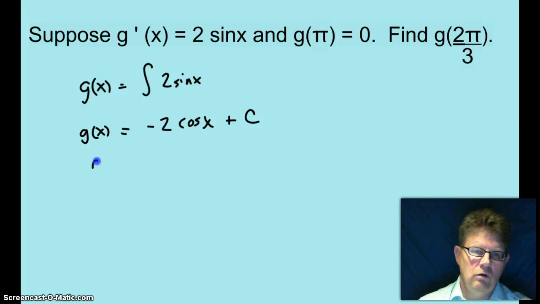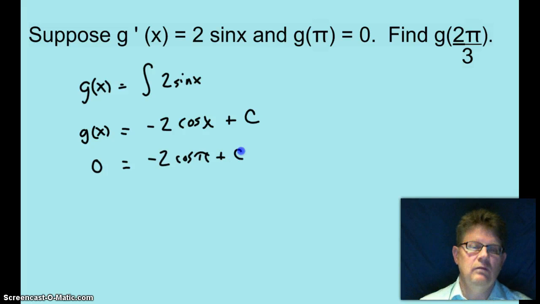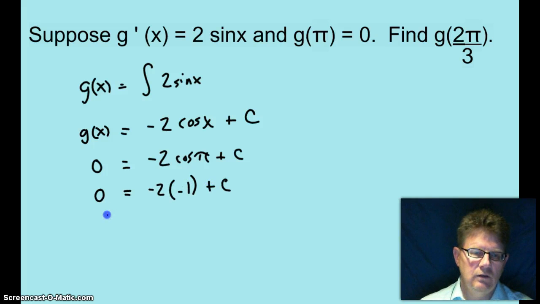So 0, when I put in a pi, equals negative 2 times the cosine of pi plus c. So 0 equals negative 2 times negative 1 plus c. 0 equals 2 plus c.